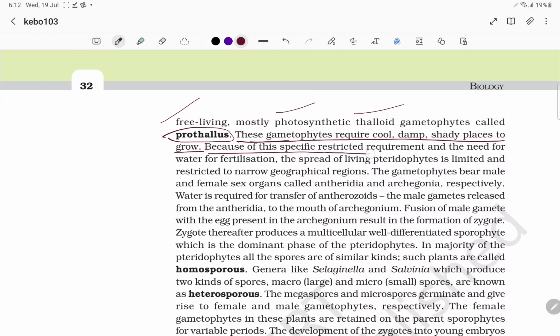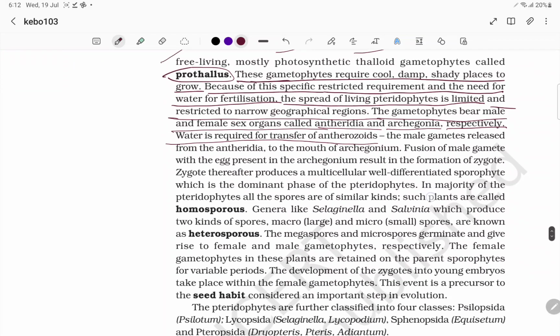Because of their specific restricted requirement and the need of water for fertilization, the spread of living pteridophytes is limited and restricted to narrow geographical areas. The gametophytes bear male and female sex organs called antheridia and archegonia respectively. Water is required for the transfer of antherozoids. The male gametes are released from the antheridia to the mouth of the archegonia. Fusion of the male gamete with the egg present in the archegonia results in the formation of the zygote.